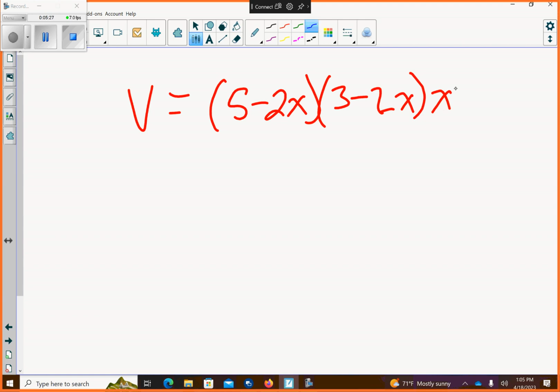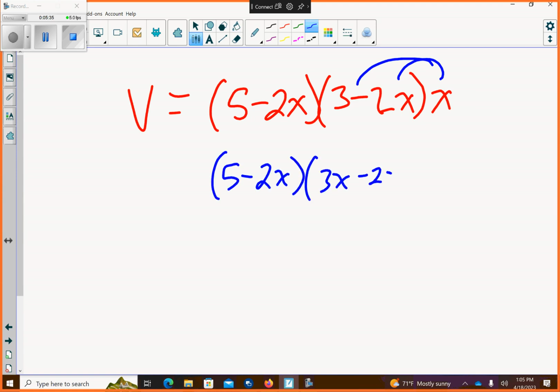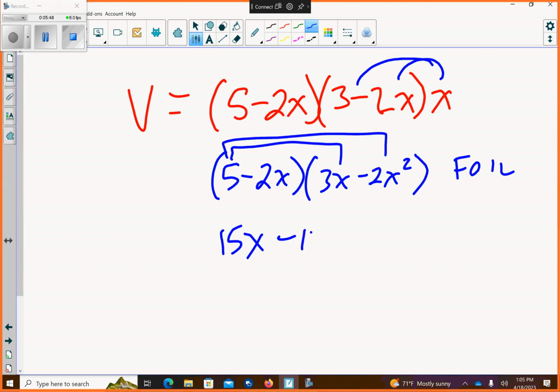And the answer would be, well, you could multiply it together, absolutely. So you're going to get 5 minus 2x times 3 minus 2x times x. And then just FOIL this. So that's going to give me 15x. That's that. Minus 10x squared. Minus 6x squared.